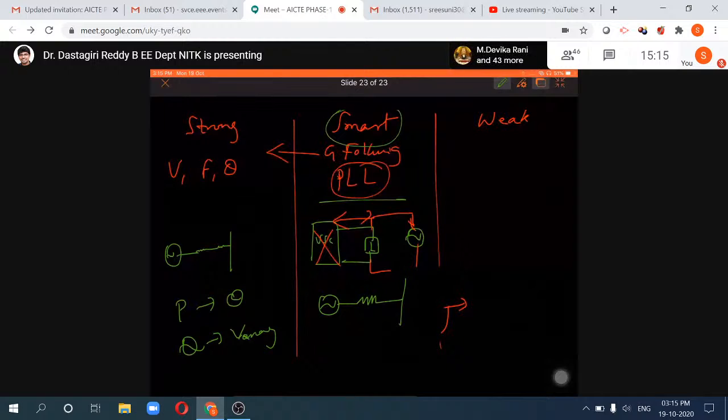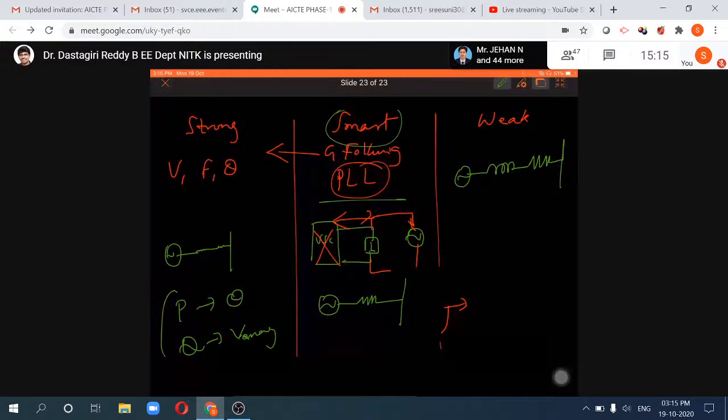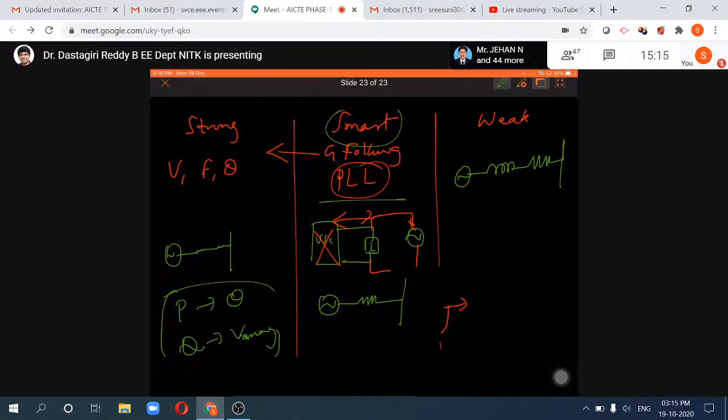But when it comes to a weak network, the equivalent circuit is a big inductance, big resistance. So here the relation is like this, but when it comes to the converter, both P and Q are linked to V magnitude alone.